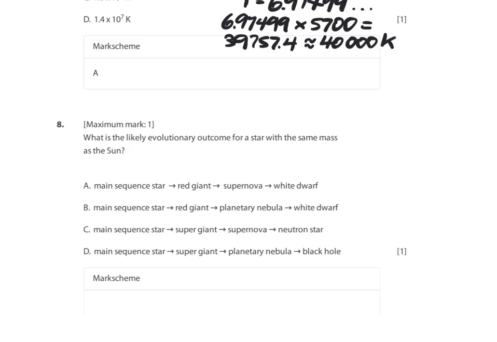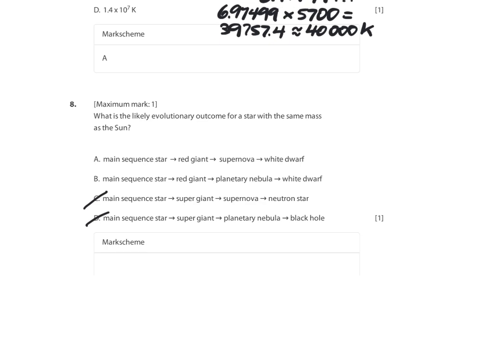Likely outcome for a star with the same mass as our sun. Our sun is on the main sequence, and we all start on the main sequence. Based on the mass of our sun, it's not going to become a supergiant. It's not massive enough. So we're not going main sequence to supergiant. We're going main sequence to giant. Didn't we see this question already? We saw a very similar question. This one's very similar to number 1.